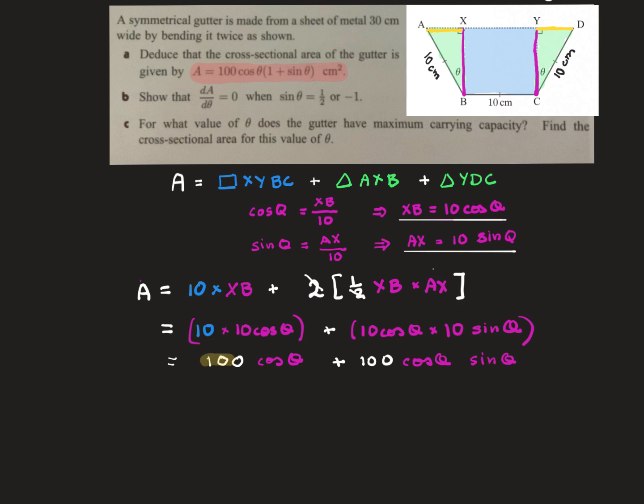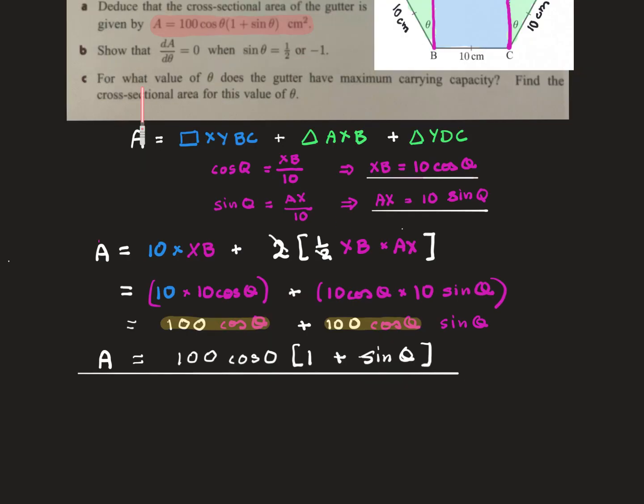By taking out 100 cos theta from both sides, we have 100 cos theta, and we're left with 1 plus sine theta. And that's exactly what we wanted to get up here, 100 cos theta, 1 plus sine theta.